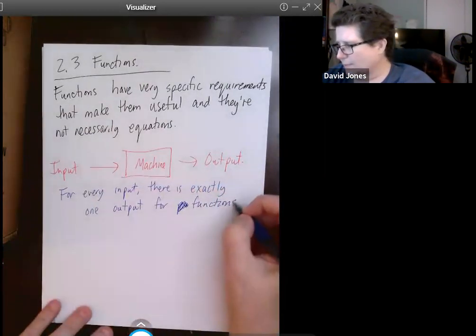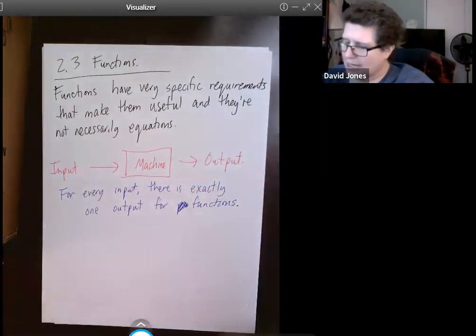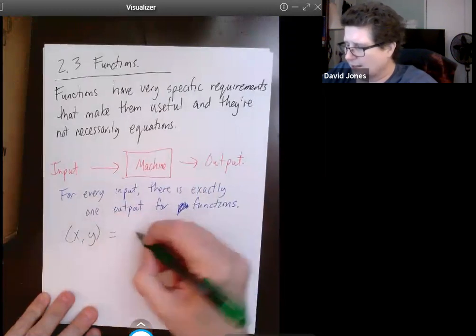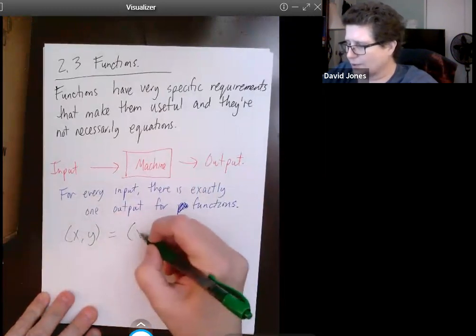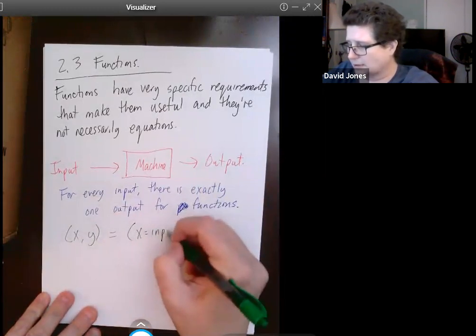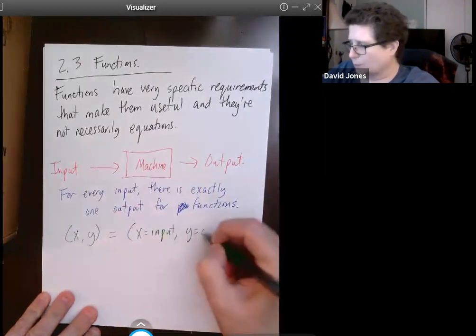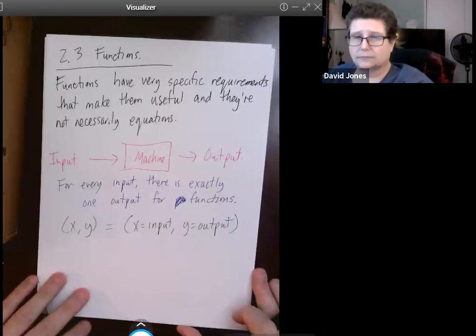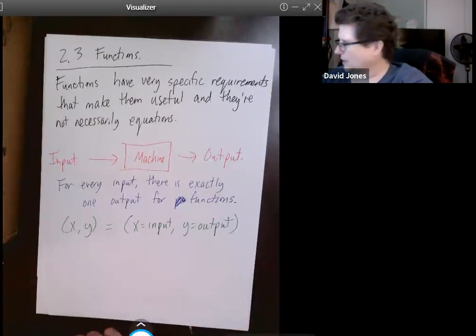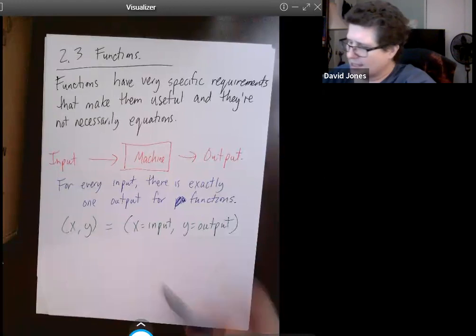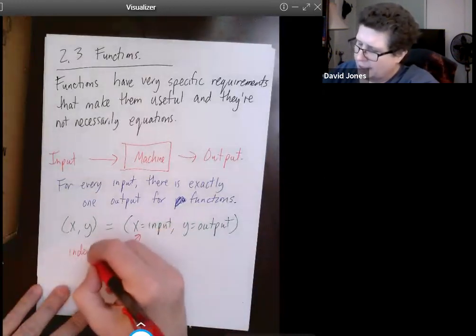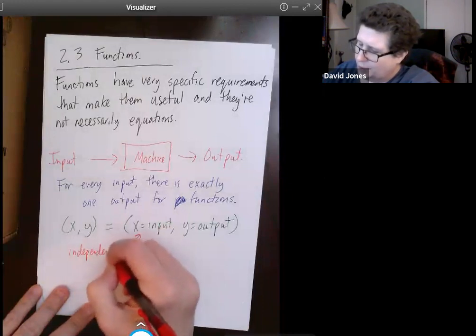When we're working in mathematics, we tend to use x as our input. So if we have x, y, this tends to correlate to x equals input, y equals output. They call x the independent variable because it doesn't depend on anything. It's our input.